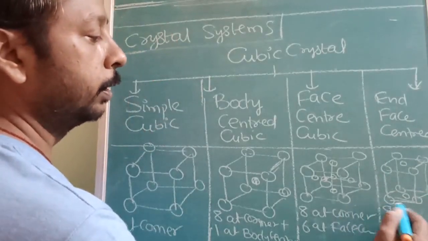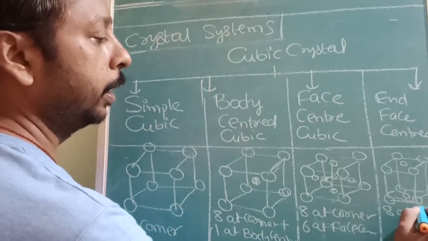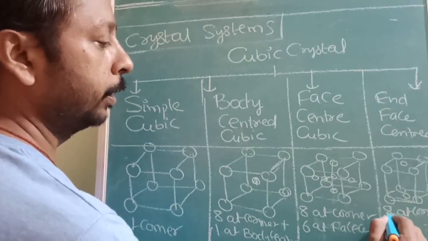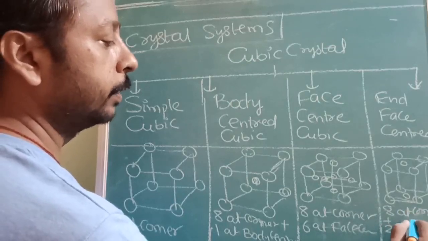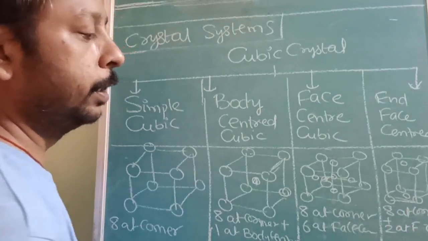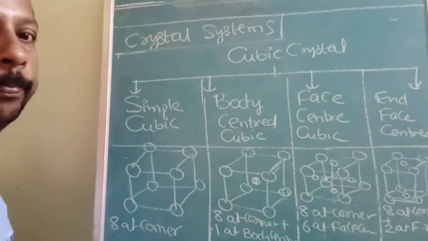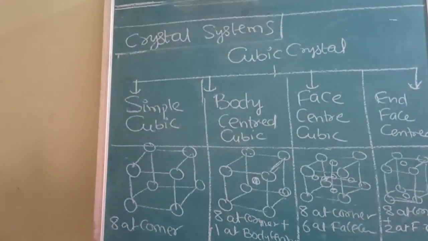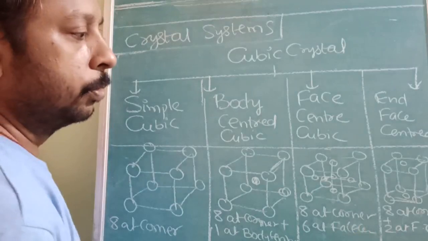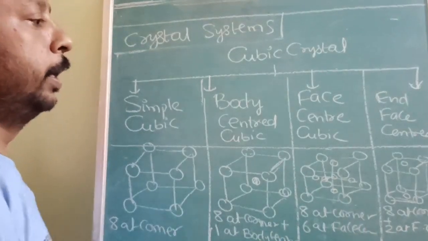So the lattice points are 8 at corner plus 2 at face center. This is about the end face centered.